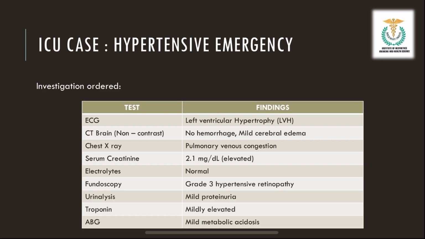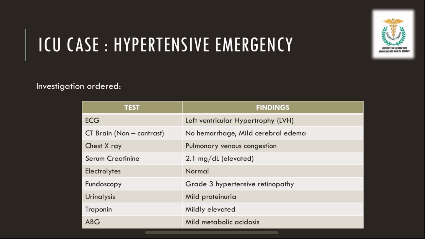About the investigation results. So what are the findings in the investigation of the patient? ECG shows LVH, left ventricular hypertrophy, that is a chronic hypertension. CT brain, there is no bleed, but cerebral edema is present, so it points to encephalopathy.